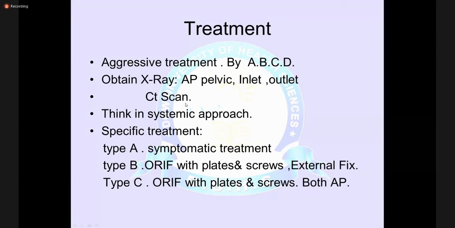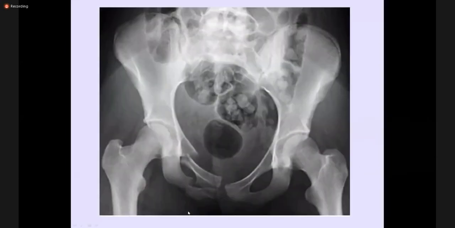The inlet view is taken from the superior part of the body at an angle of 45 degrees, exposing the pelvic brim and the ala of the ilium, both ilia.